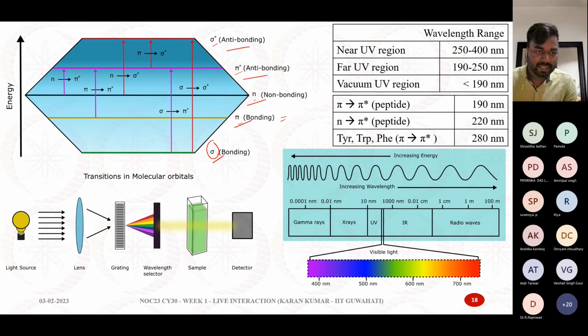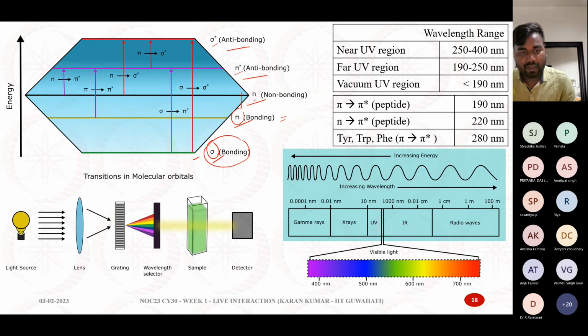When you rank them in the energy diagram, because sigma bonding is the most stable bonding, it will have the lowest energy. Then followed by the pi bonding, which comes after sigma bonding in strength.